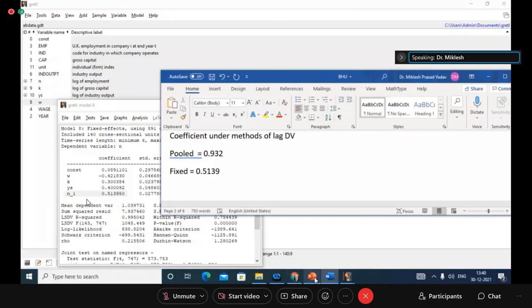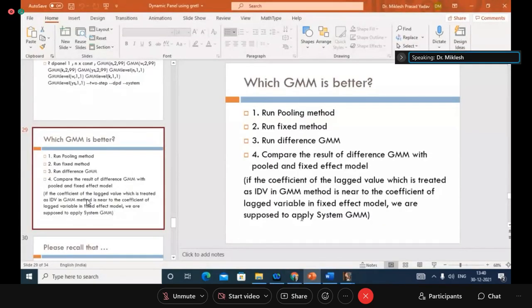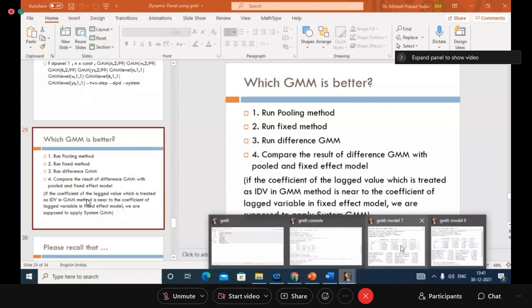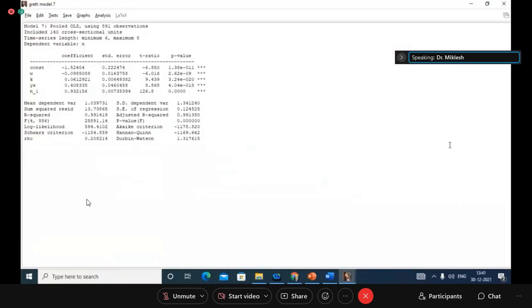Then the third step is to run the difference GMM. We have already run the difference GMM. And what result have we got? Let me check.